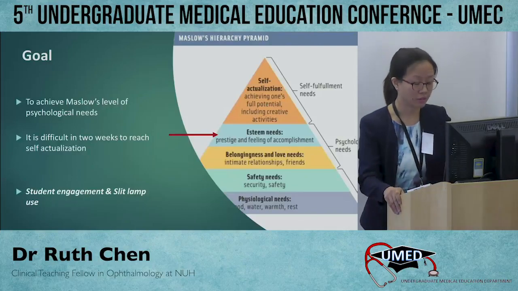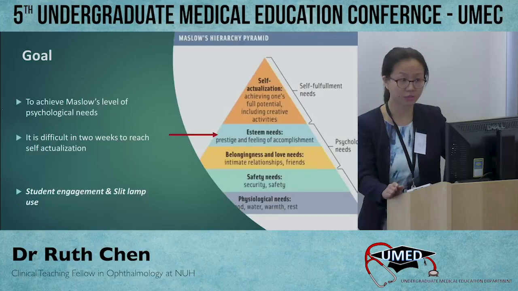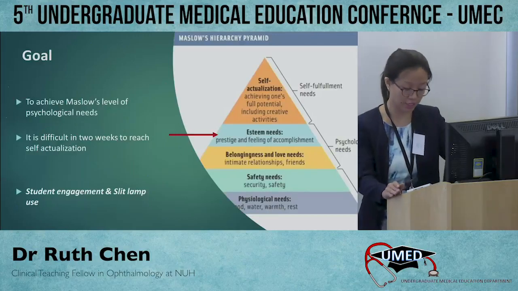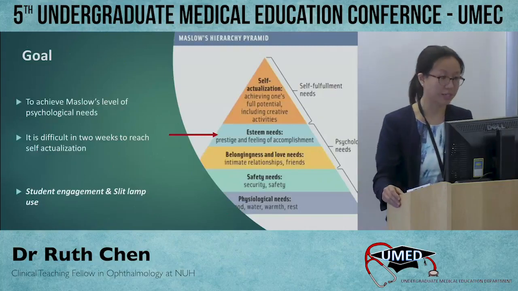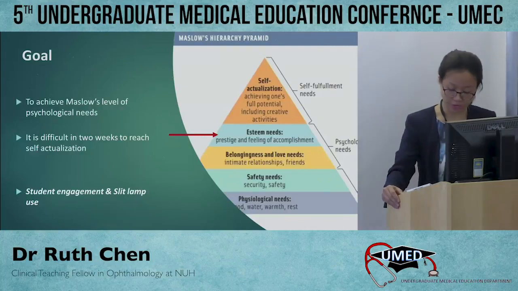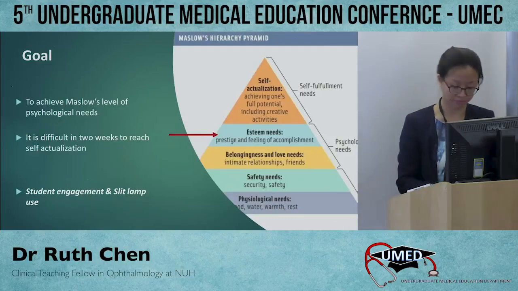So the goal then is to motivate the student up the pyramid, and we recognize that it is difficult to reach self-actualization at the top within 2 weeks. So instead, issues on student engagement and slit lamp use were addressed to achieve psychological needs.